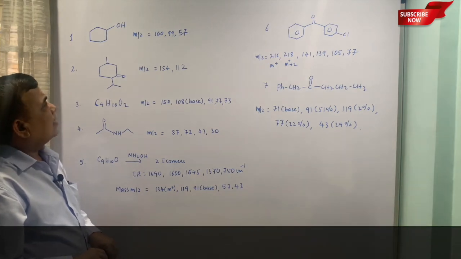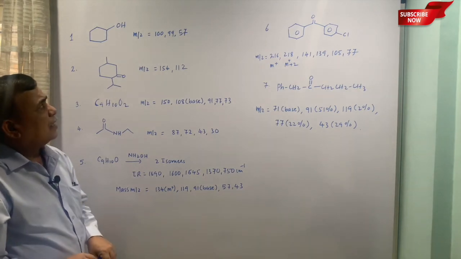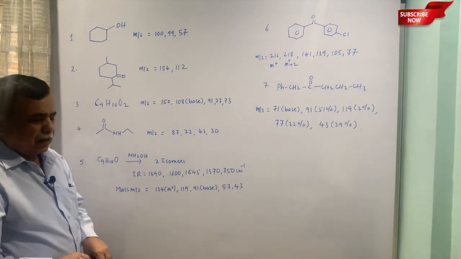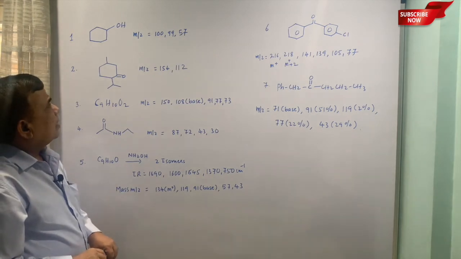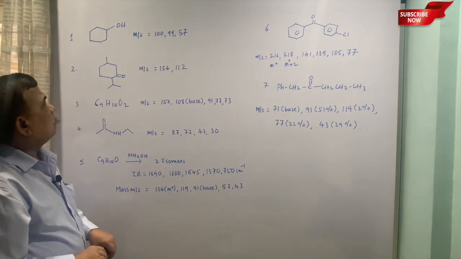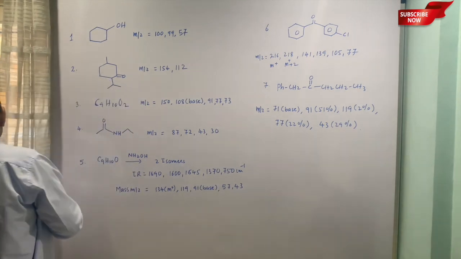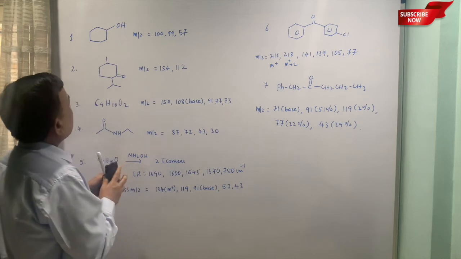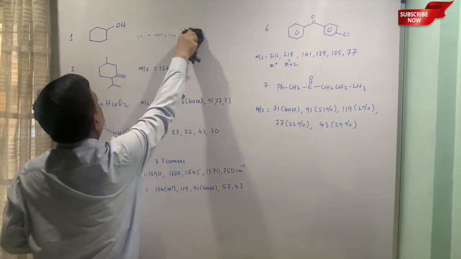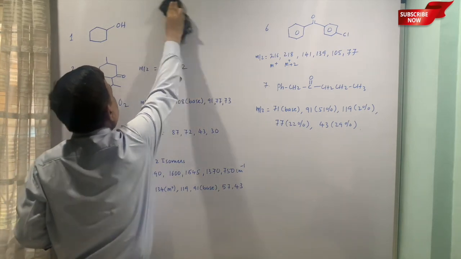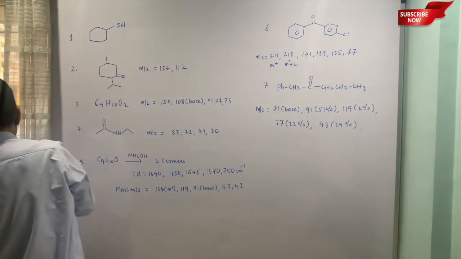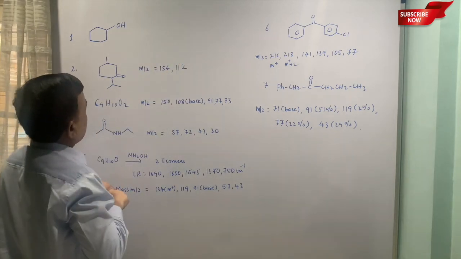M by Z, the peaks are at 100, 99 and 57 respectively. So we have to explain the formation or genesis of these peaks. So let me clear this part so that we can use that portion for writing the answers.